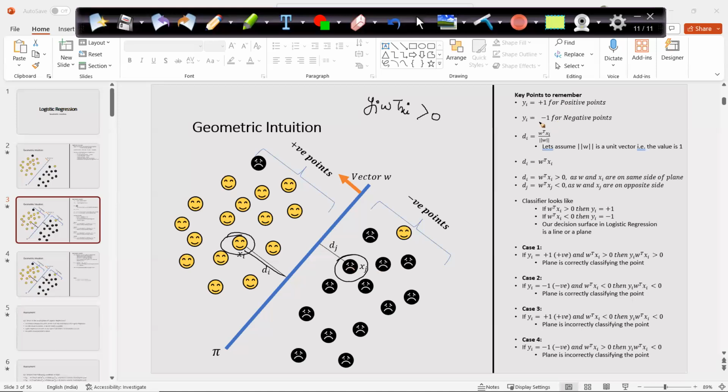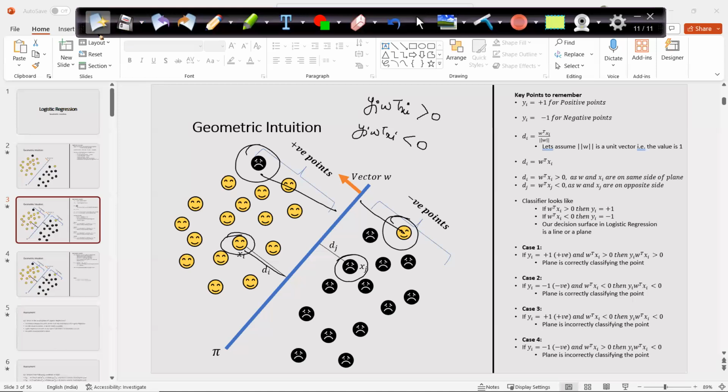Yi is negative, so negative times negative will become positive again. What about this guy? The distance is positive, but the point is negative. So yi W transpose Xi is less than 0. And what about this point? Same goes here as well. The distance is negative, but the point is positive. So negative times positive comes out to be negative.